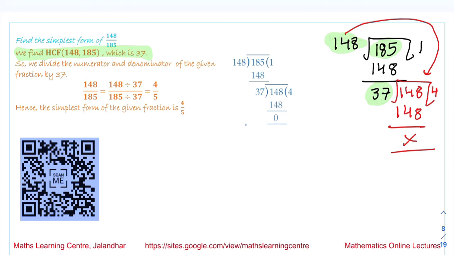So it means that 37 is the largest number that can divide both of these.